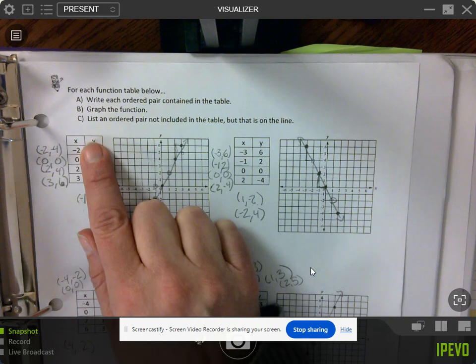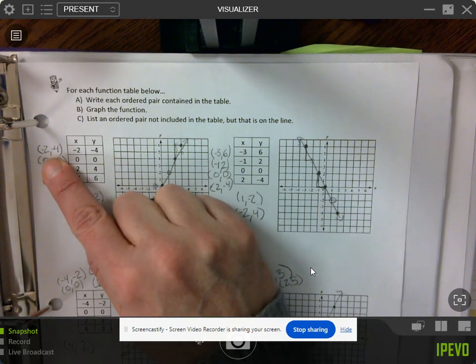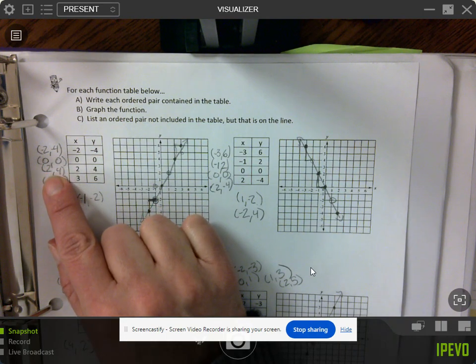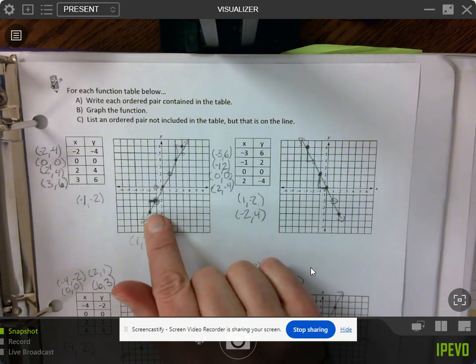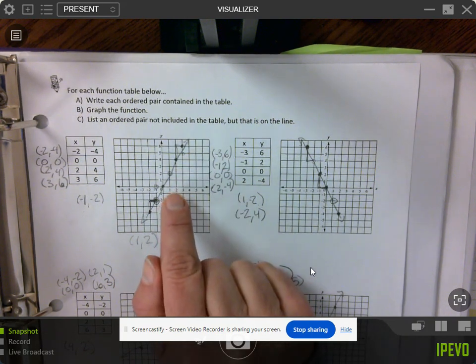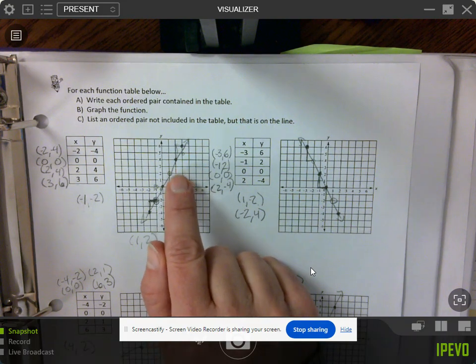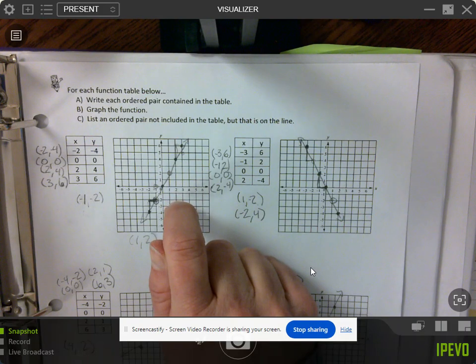All right, so for our first one, our ordered pairs are -2, -4, 0, 0, 2, 4, and 3, 6. Graphing them, your line should look like this. Finding our slope was up 2 over 1.